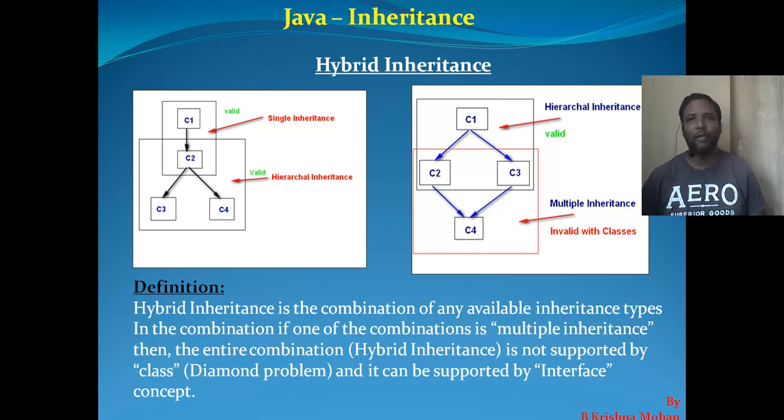So we have discussed that multiple inheritance is not possible. What is hybrid inheritance? It is the combination of two or three available inheritances. But in this combination, if any multiple inheritance occurs, then the whole hybrid inheritance will not be supported and it will give error messages.